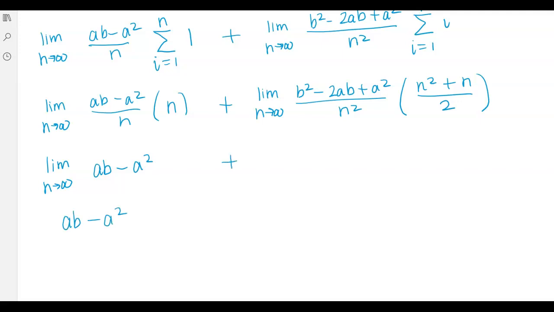For the second term, I'm going to split up this fraction so that I can distribute it to the fractions separately. I'm going to rewrite this as n squared over 2 plus n over 2, so that way I can multiply it separately by each of these fractions. And you'll see why in a second.